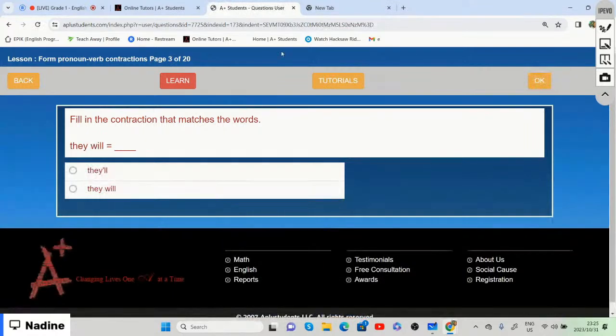So we need to fill in the contraction that matches the words they will. Is it the first one, which is they'll, or the second option that is they will? They'll or they will. We need to fill in that contraction that matches the words.